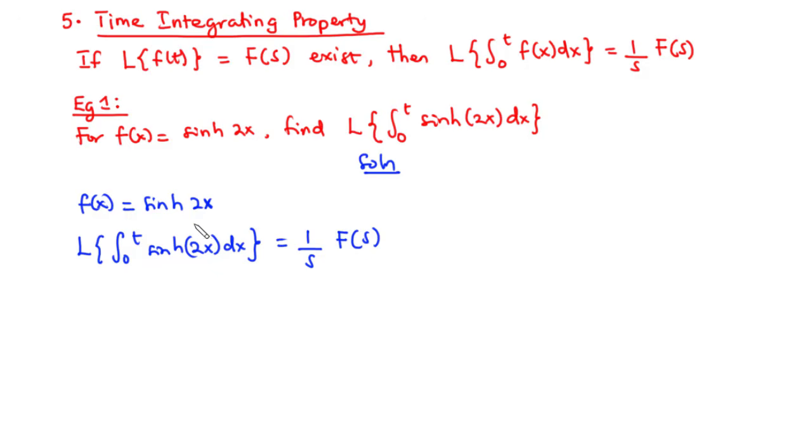So given this function f of x, we are going to replace t wherever we see x. So we have f of t equals sine 2t. Now let's try to find the Laplace transform of this function, which is going to be represented by capital F of s.